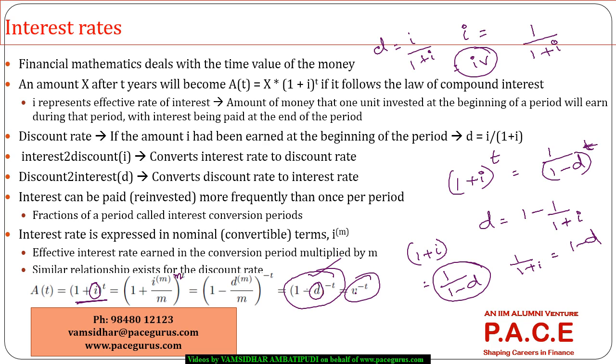So that's the reason when I'm writing it as v to the power of minus t, it is nothing but 1 by v to the power of t, which is also nothing but 1 plus i to the power t. Right? So these are different kinds of notations, but if I have to convert from one form to the other, understanding of these notations becomes more and more handy for me.